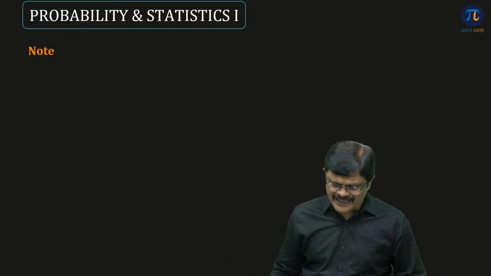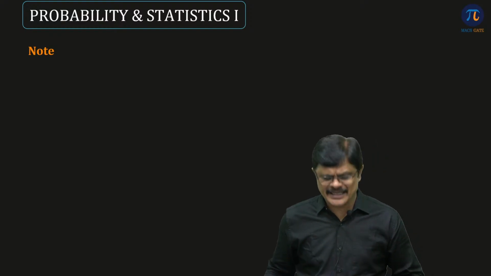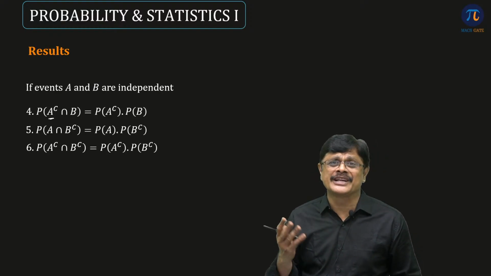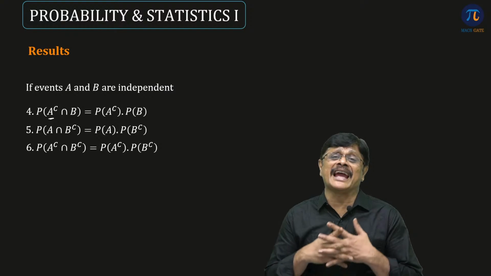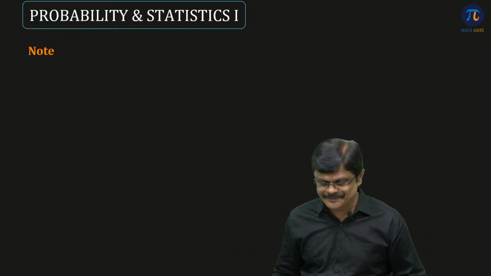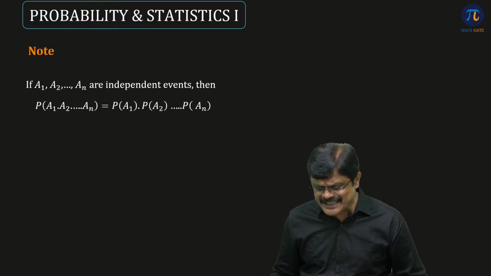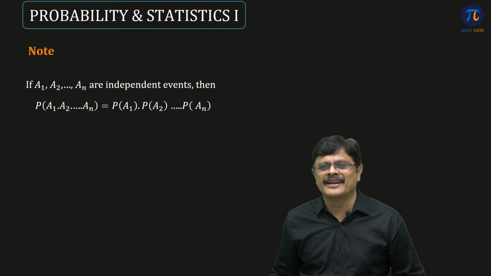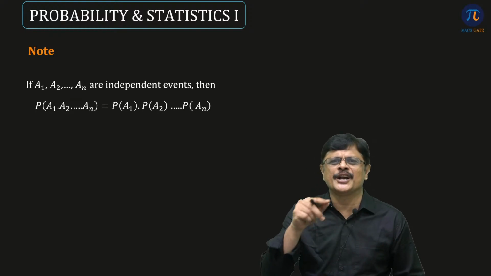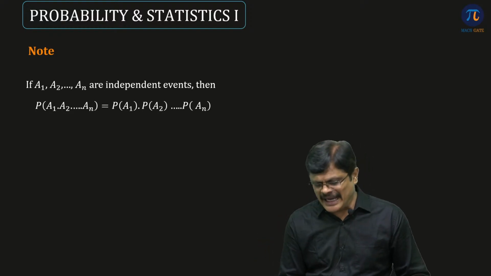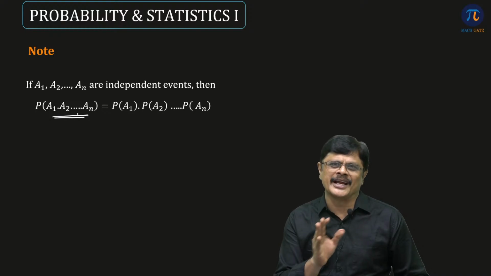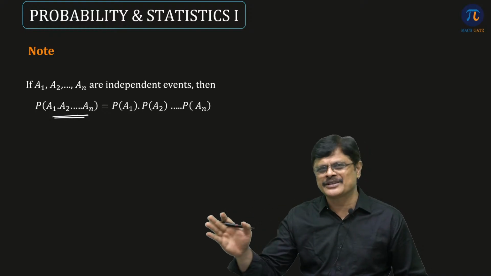Here I just had 2 events, but you may have 3 events, 4 events. Suppose you have n events which are independent, then we can generalize the result. Probability of A1 intersection A2 intersection and so on, AN. As I told you, we can use this short notation like probability of A1 into A2 into and so on, AN.